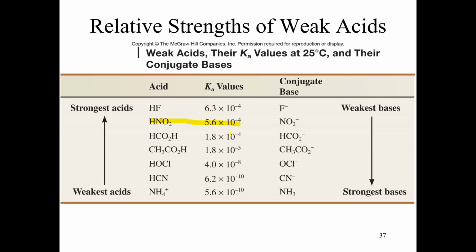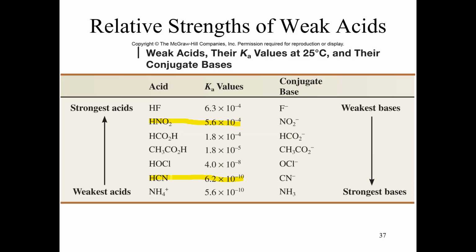So in this set it is one of the stronger acids. If you compare it with HCN, you can see that HCN has a very small value of Ka. And so HNO2, nitrous acid, is a stronger acid than HCN, hydrocyanic acid.